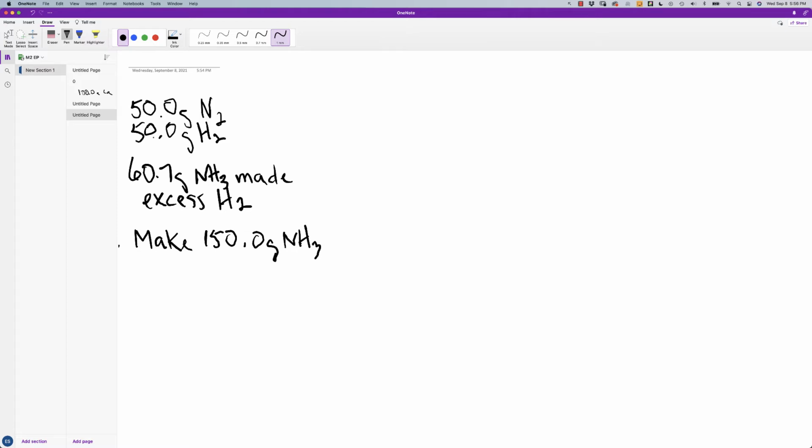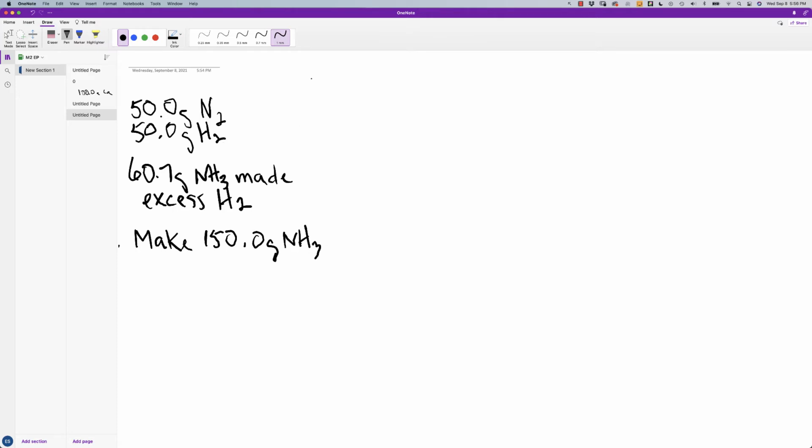That means we're not using all 50 grams of hydrogen. That also means we are using all of the nitrogen. If we have 60.7 grams that were made, common sense tells us 50 grams of that is the nitrogen. That means whatever the leftover is going to be the hydrogen. And the leftover would be 10.7 grams.